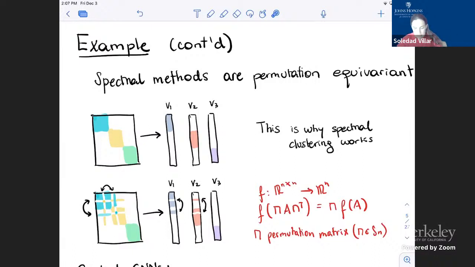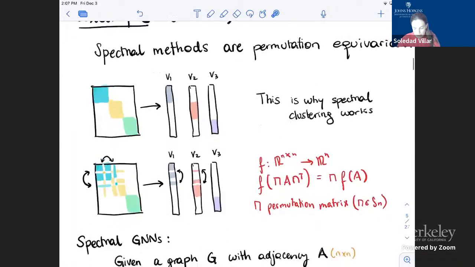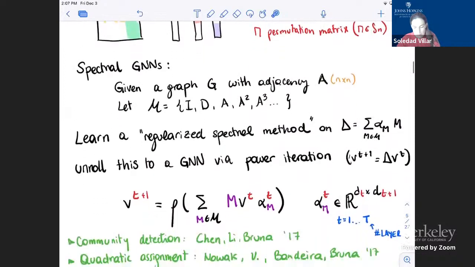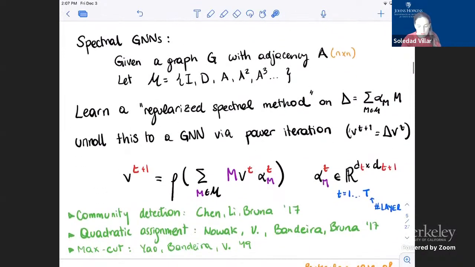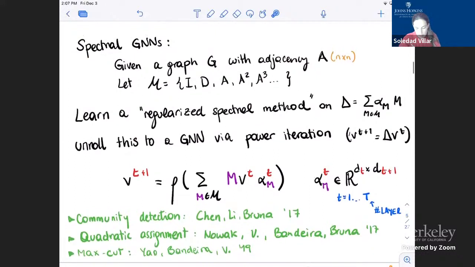And this idea that we have some class of functions that are permutation equivariant is a basis for defining other types of graph neural networks that do not depend on the message passing idea that I just told you earlier. These are called spectral GNNs, and the first time that they appear is in the context of community detection, in a paper by Zhengdao Chen, Lisha Li, and Joan Bruna in 2017.